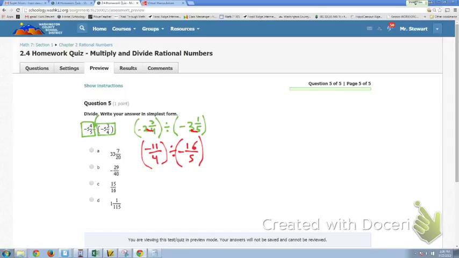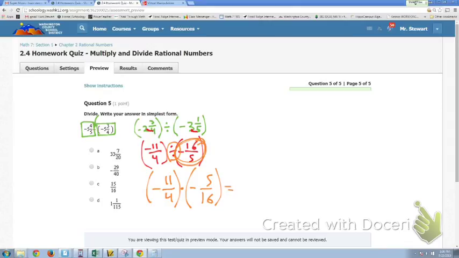Now, dividing by fractions can be rewritten as multiplying by the reciprocal. So this is -11/4, now multiplied by the reciprocal of -16/5, which is -5/16. Dividing by this fraction is going to be the same as multiplying by the reciprocal.